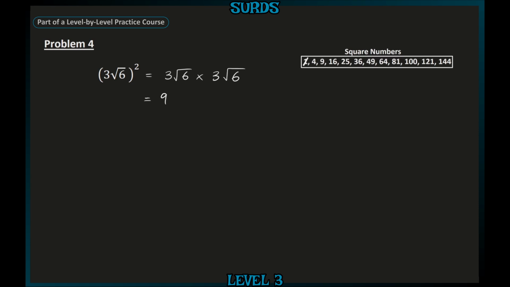Now root 6 multiplied by root 6 is a surd that's being multiplied by itself. And when that happens, the square root part disappears and it just leaves the number that was underneath. So the square root of 6 multiplied by the square root of 6 is just 6. So we have 9 times 6. And because 9 times 6 is 54, 54 is our final answer to problem 4.